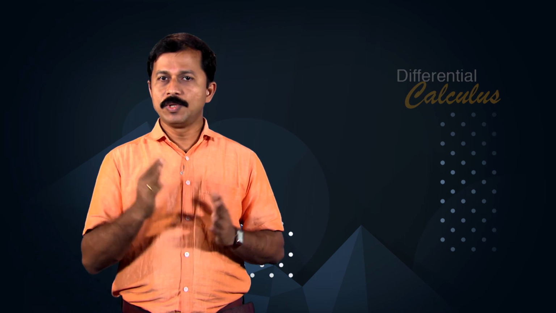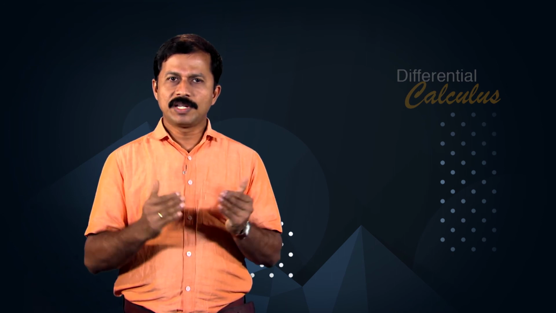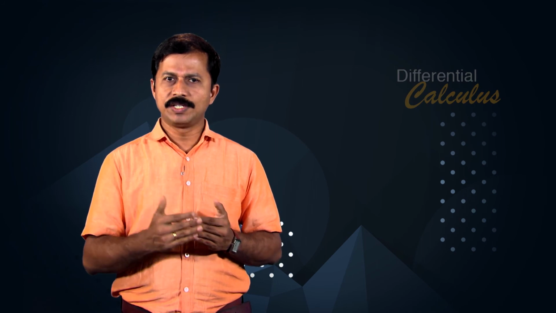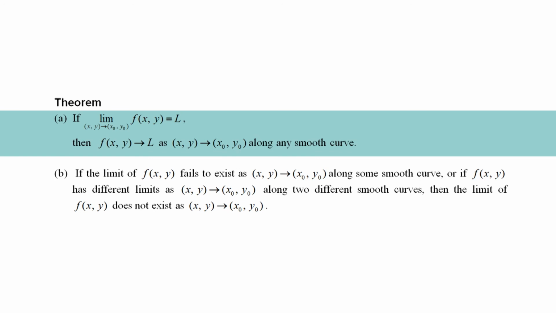The relationship between the limit of a function of two variables at a point and that along smooth curves is stated in the following result. Theorem: if the limit as (x, y) approaches (x naught, y naught) of f of x y is equal to L, then f of x y approaches L as (x, y) approaches (x naught, y naught) along any smooth curve.